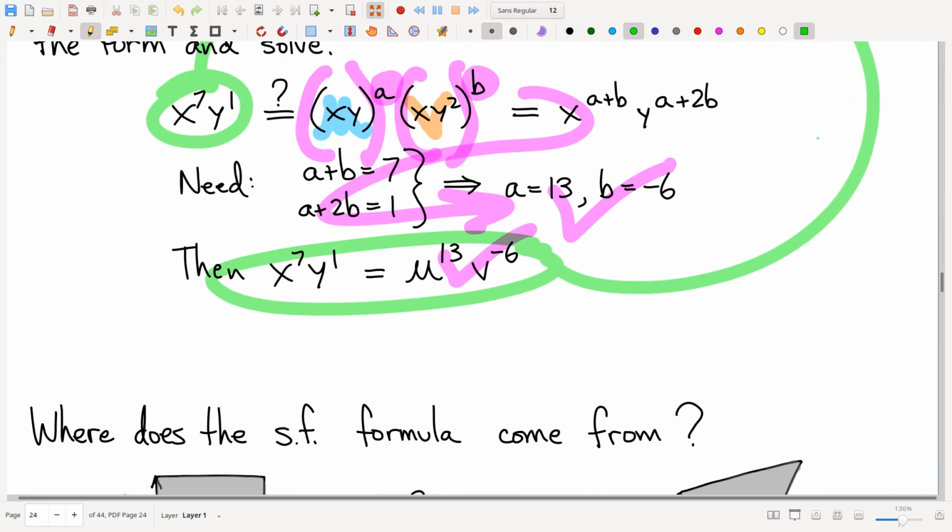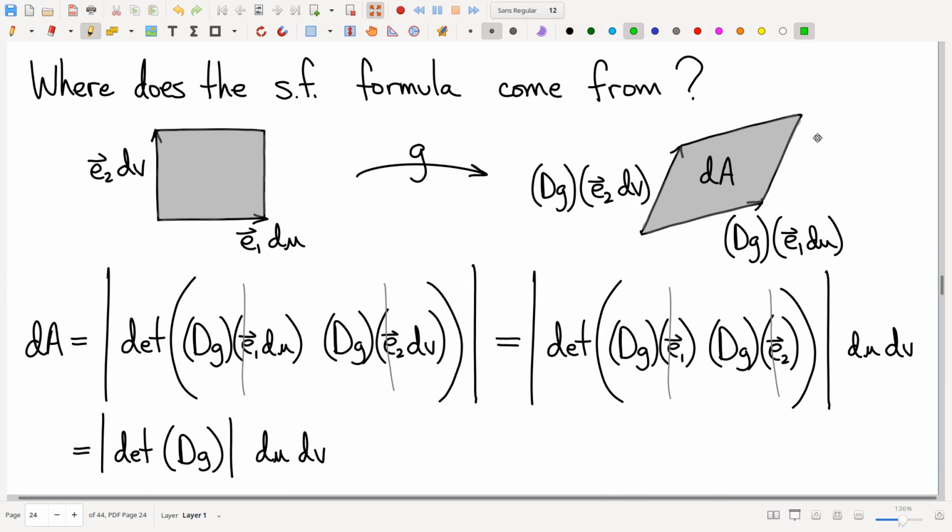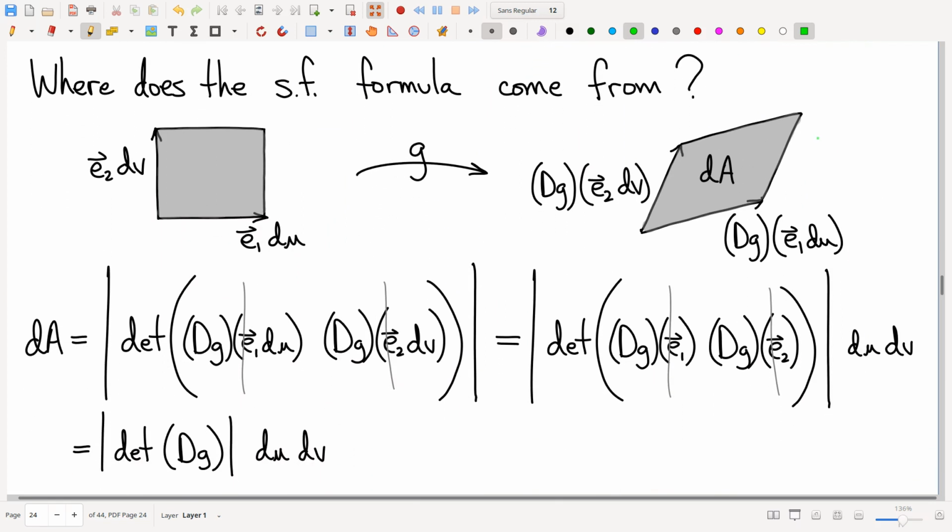Okay. All right. So let's see here. We have a couple minutes left. I think that'll be perfect to just circle back on where all this came from in the first place. I promised I'd give you an argument for why the stretching factor is what it is.